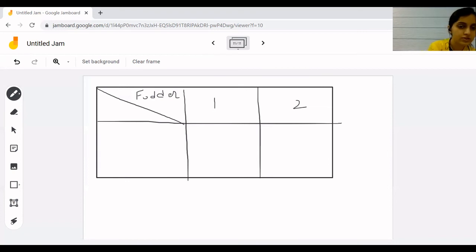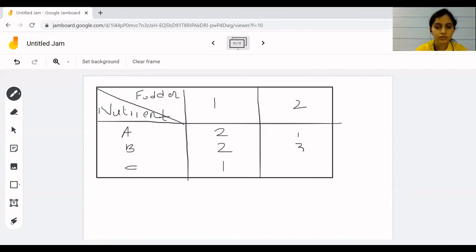And we have nutrients, which are A, B and C. There are 2 units of nutrient A, 2 of B and 1 of C in fodder 1, and 1 unit of nutrient A, 3 of B and 1 of C in fodder 2.